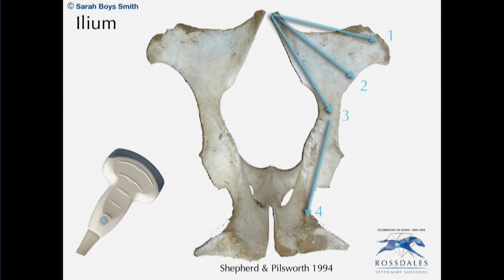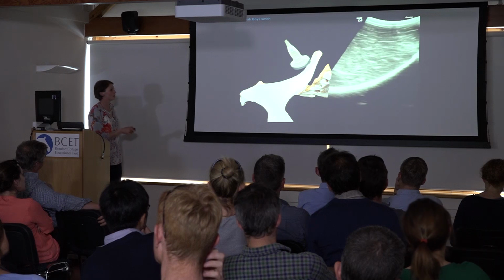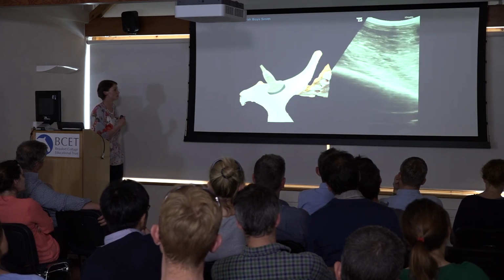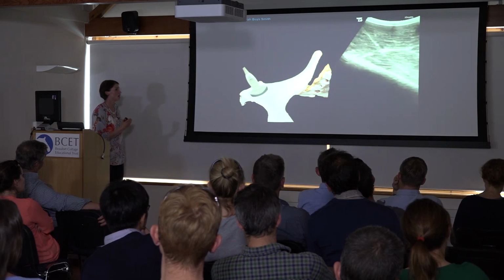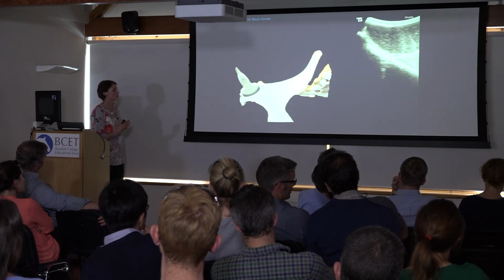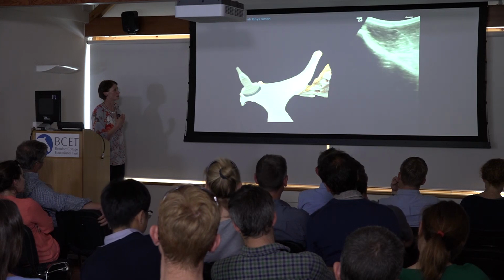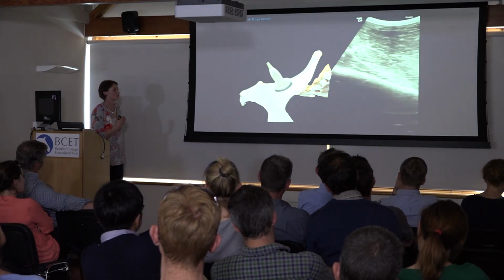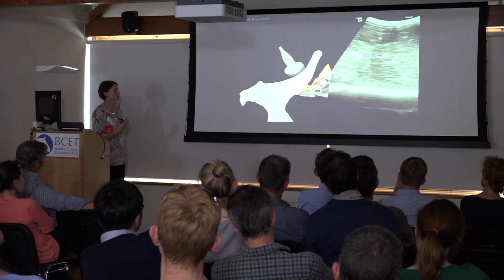What we want to see is an even bone, no irregularities, and we want to see the overlying muscular tissue being nice and even, nice and regular, with no areas of hematoma or increased echogenicity.